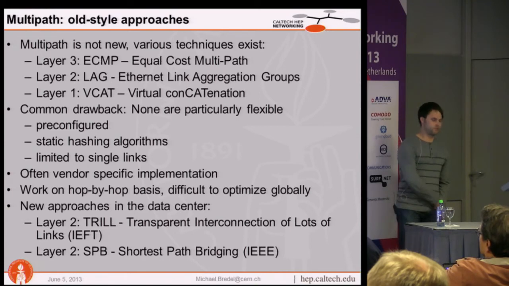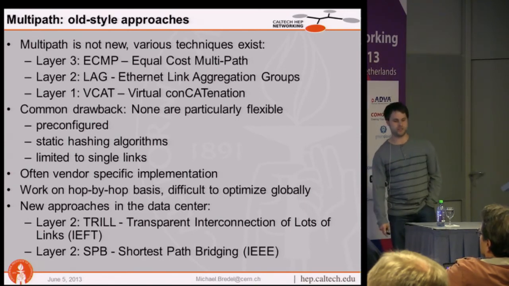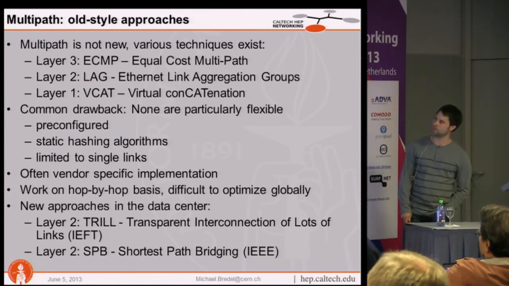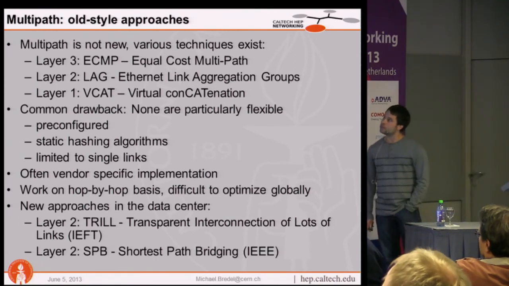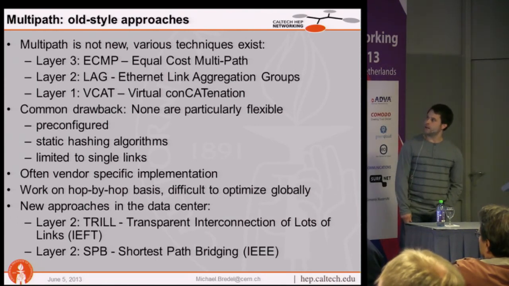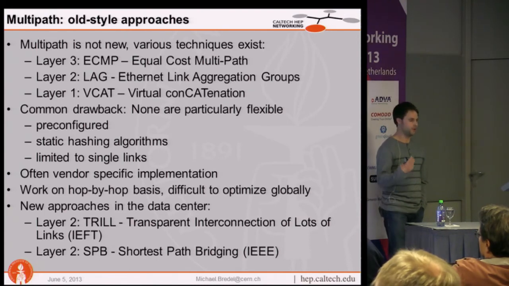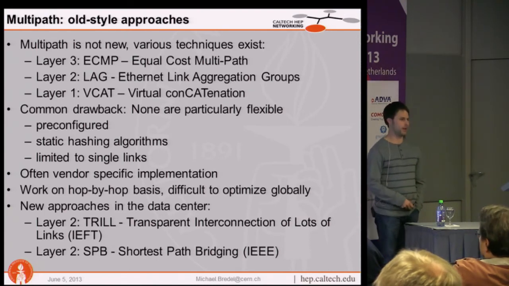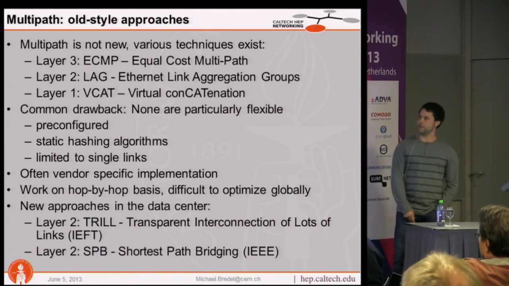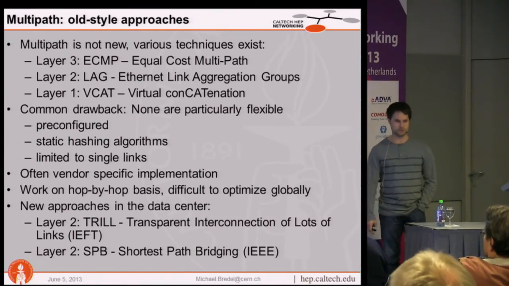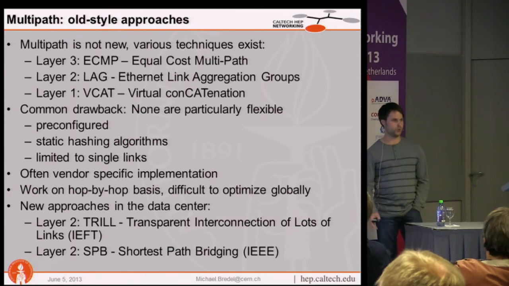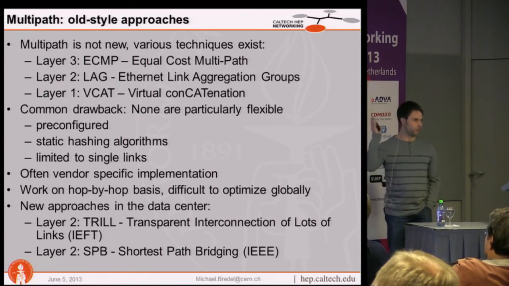There are a couple of multipath technologies in the field. You can use ECMP, you can use link aggregation, but all of these techniques have some drawbacks. In principle, they are not really flexible. You have to pre-configure them. They use static hashing algorithms. You cannot really choose which flow goes on which path.